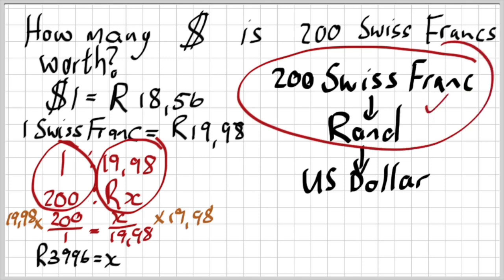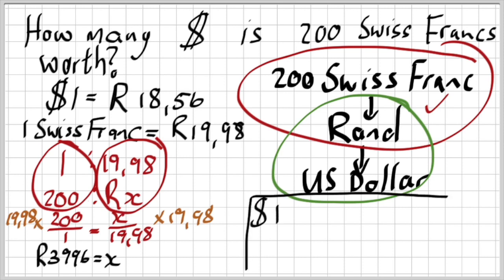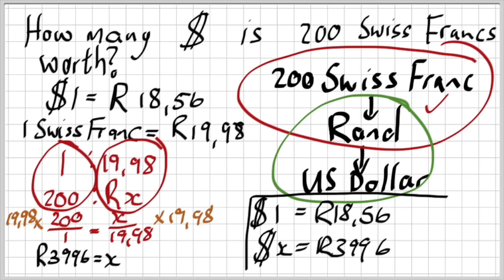So this means I've done that part there. But I haven't done this part here where I'm converting the Rand to US dollars. So my next question is then, if $1 is equal to 18 Rand 56, how many dollars would I get for 3,996?